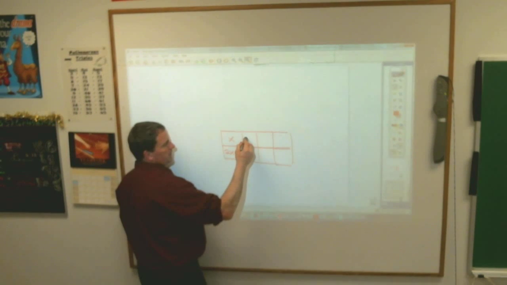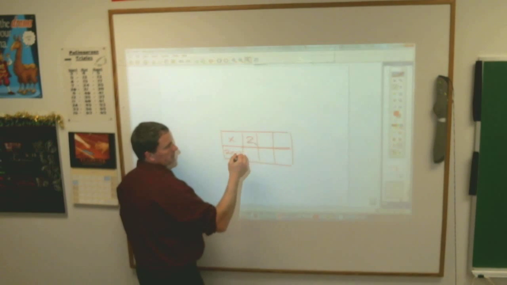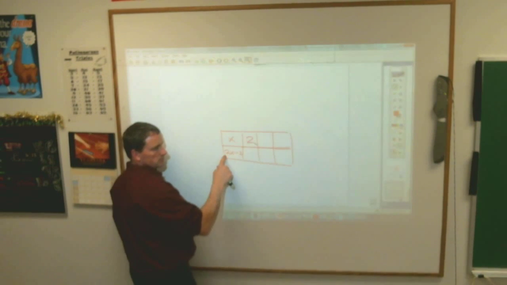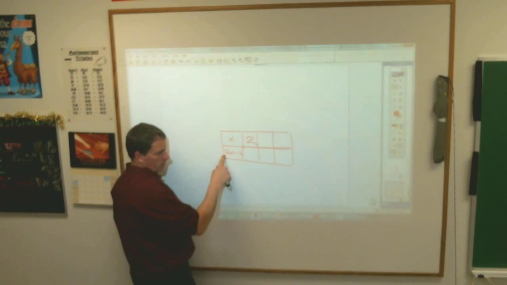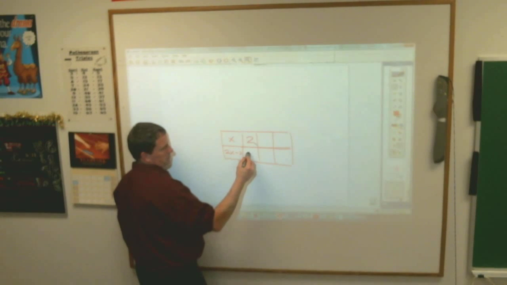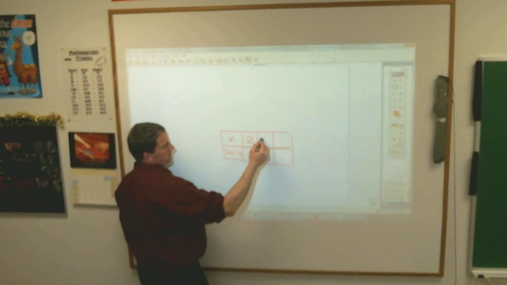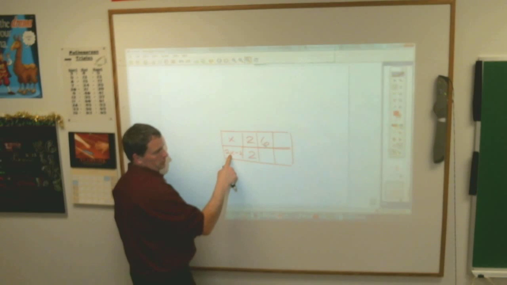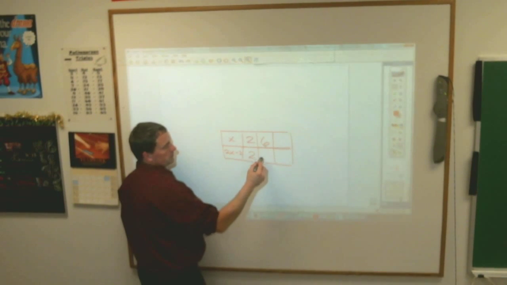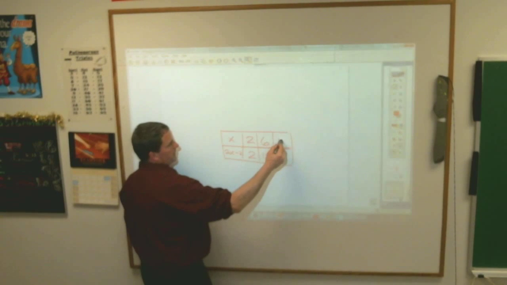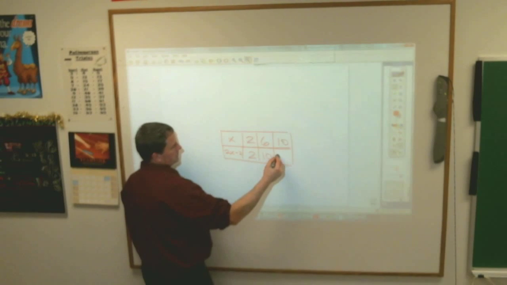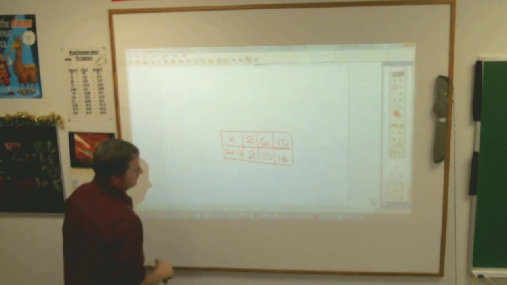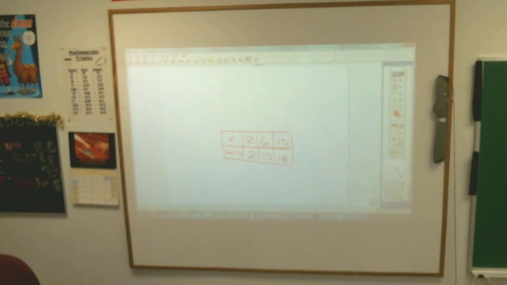If my x was a 2, and I input that in here, what would I get for this part? 2 times 2 is 4, minus 2 is 2. What if my x number was a 6? 2 times 6 is 12, minus 2 is 10. What if my x was 10? 2 times 10 is 20, 20 minus 2 is 18. And that would be my little rule thing there.